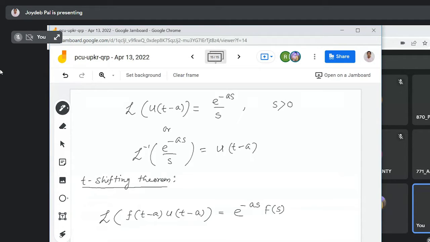Accordingly you can write the Laplace inverse formula. So the Laplace inverse of e to the power minus as into F(s) is equal to f(t minus a) u(t minus a). Now let us solve some problems based on this T-shifting theorem.